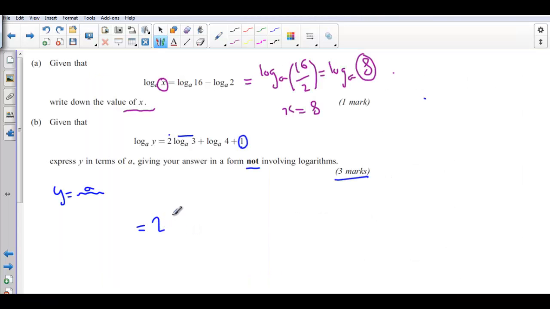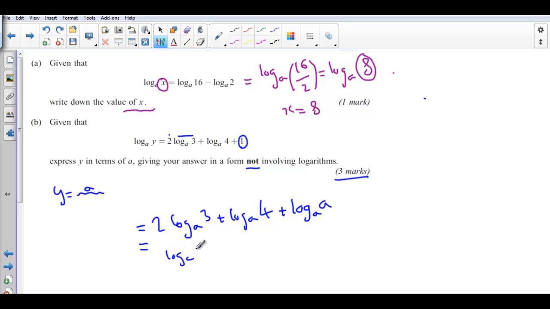I'm going to write the whole thing out. Log to the base a of 3 plus log to the base a of 4 plus, I'm going to make that substitution. So this is log to the base a of a. Now let's start sorting things out. Right, 2 is going to go up there.